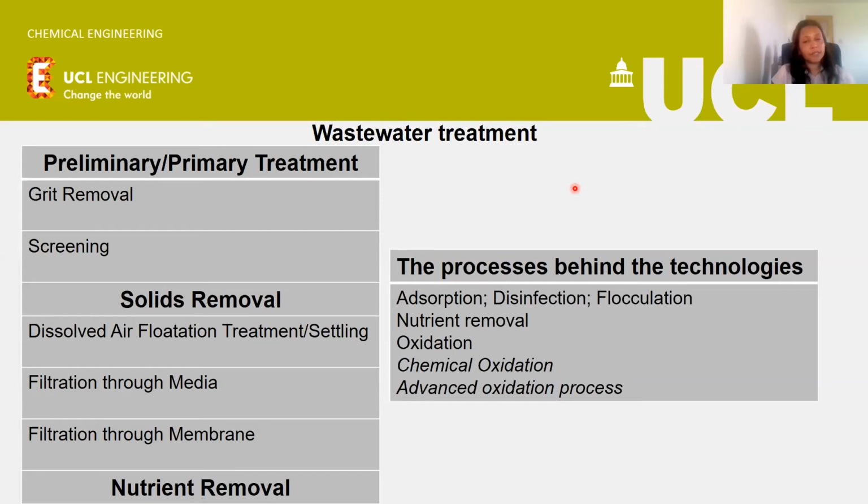The processes behind these technologies are again simple, like adsorption, disinfection, flocculation, nutrient removal, and oxidation. When it comes to degrading the organic matter, that could be chemical oxidation, and it could be biological oxidation processes as well.